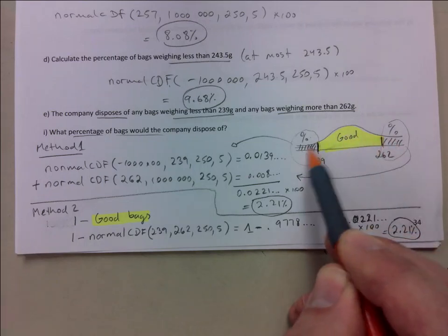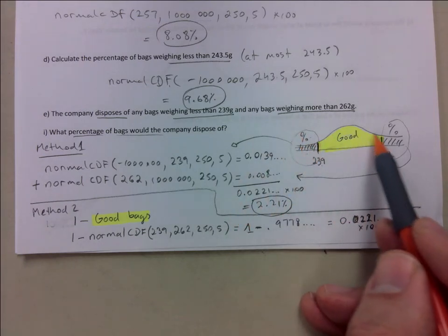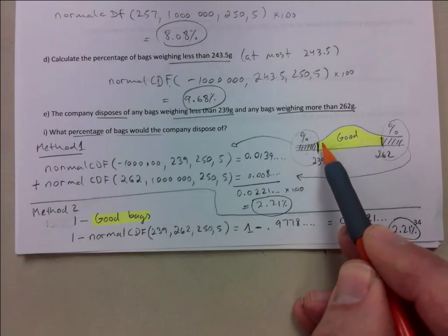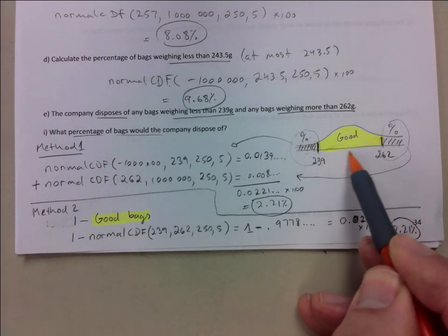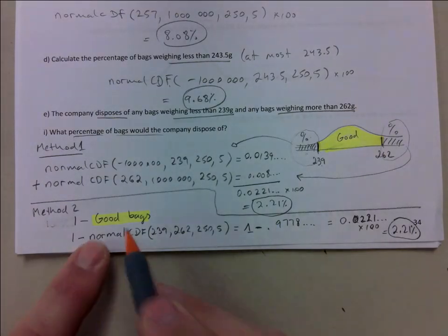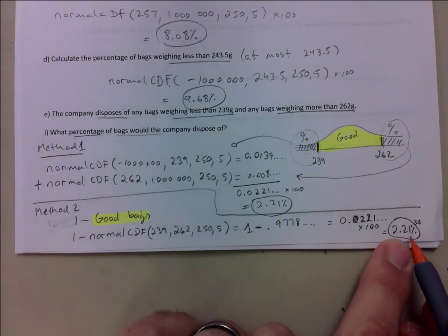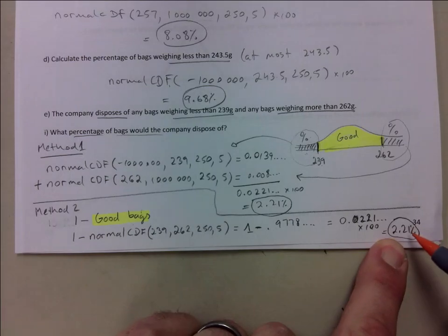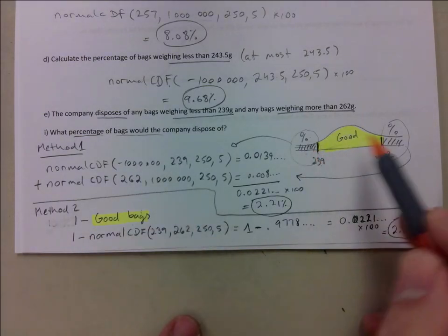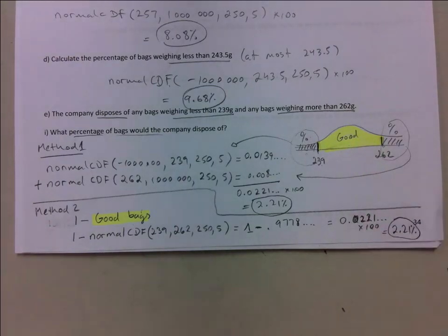It means that you have to add up these tails, or you use the indirect reasoning where you know it's 100% under the entire curve, and you use normalcdf to find the good piece in the middle, and you just subtract the good from 1 to give you both tails combined. So you either add up the tails or you find the middle and subtract it from 1. 2 methods to do that, okay?